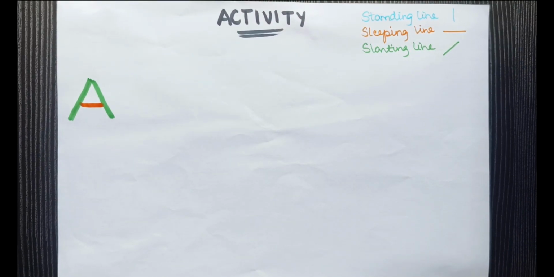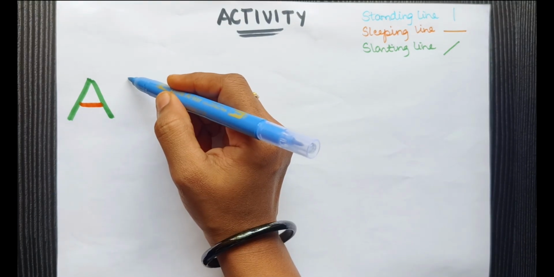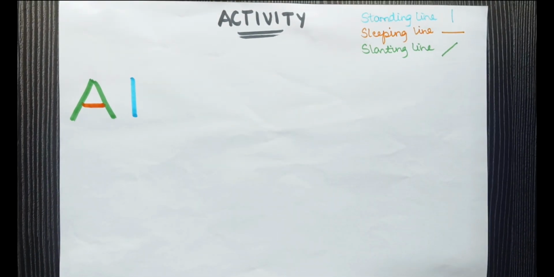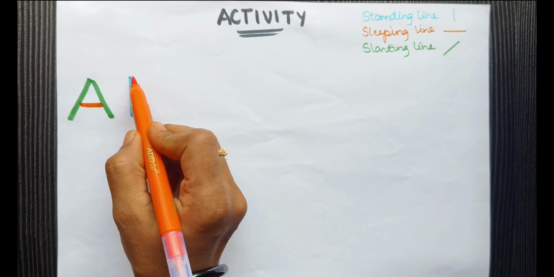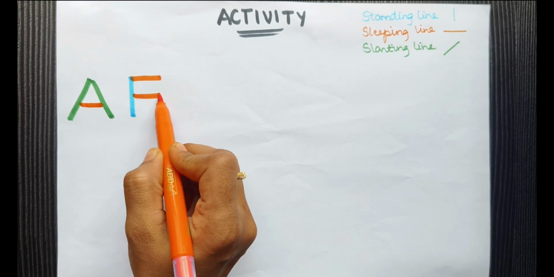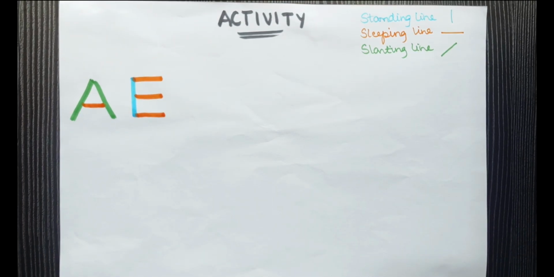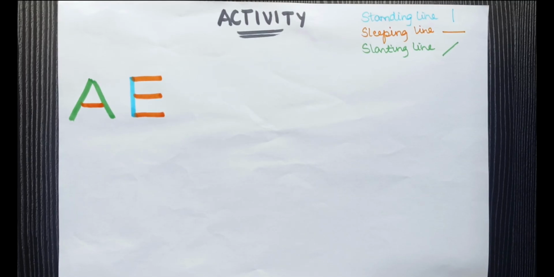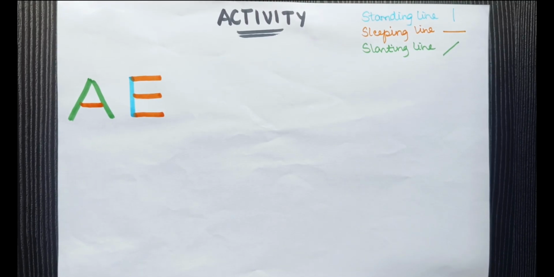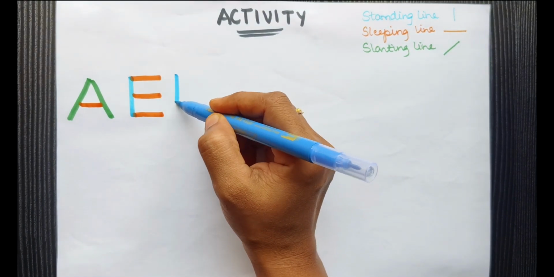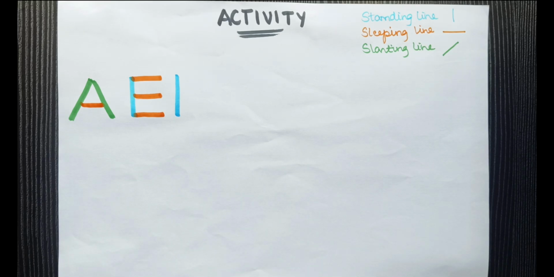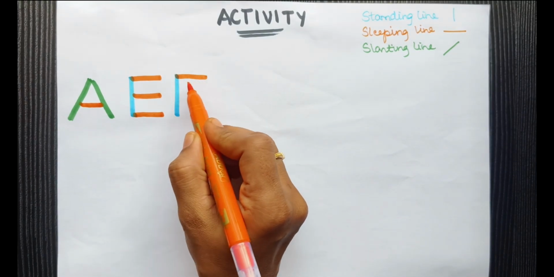Next one is E. E is formed by one standing line and three sleeping lines. One standing line, sleeping line and again sleeping line. F. F is formed using one standing line and two sleeping lines. Standing line, sleeping line.